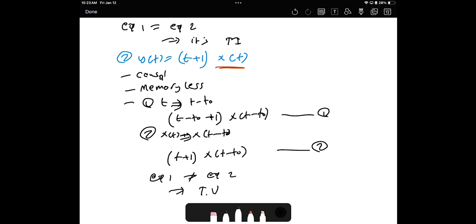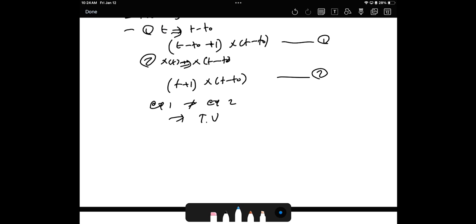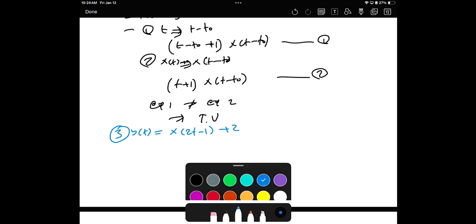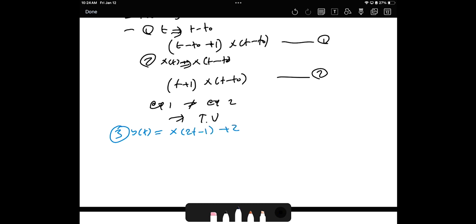Okay? So these are examples of time variant and time invariant. Now, a third example: y of t equals x of 2t minus 1 plus 2. Is it causal or non-causal? Does this depend on the future input or not?